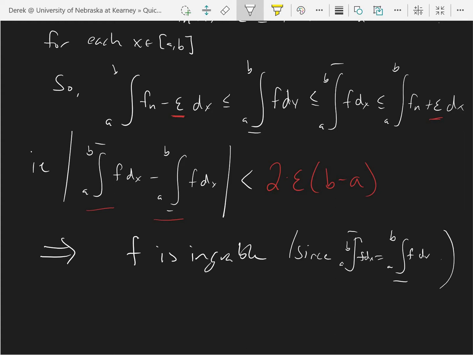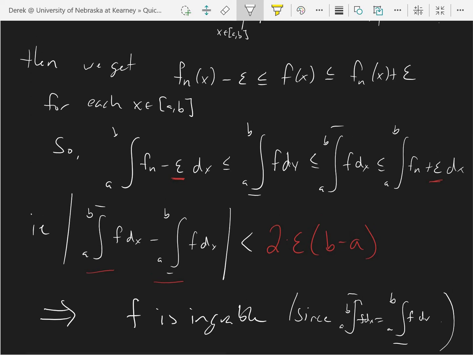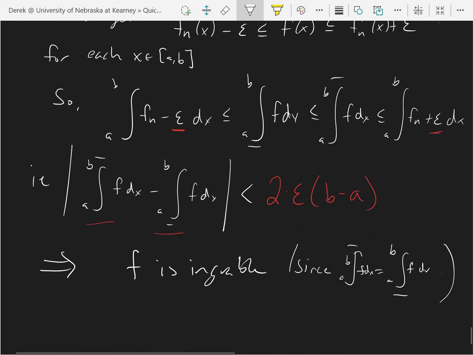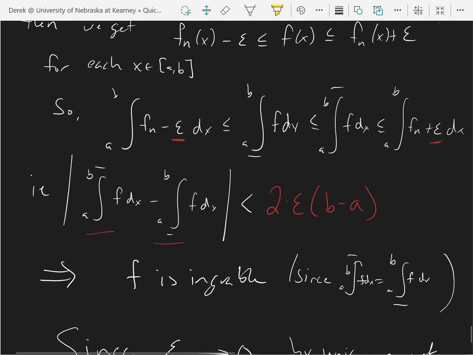Okay. Now I actually have to show that it's what we want. What happens here is, because epsilon sub n goes to 0 by uniform convergence, we can look at this statement again.